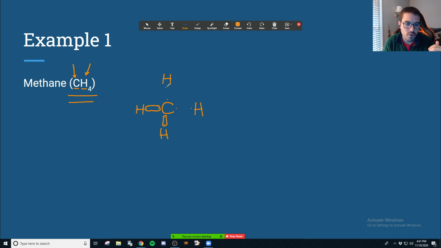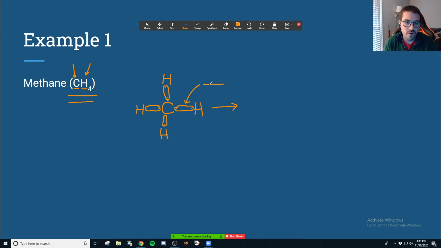Okay, and if we repeat this process here, let me draw that dot a little bit better. If we repeat this process 4 times, these would be 4 covalent bonds. Okay, this is the structure we end up with. In a textbook or online, the way that this is represented is we replace these circled electrons with lines.